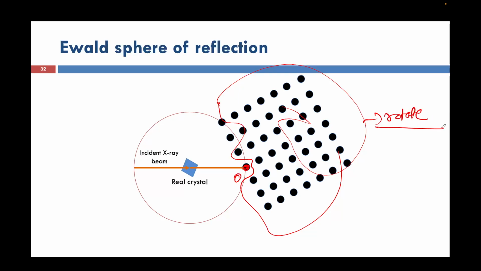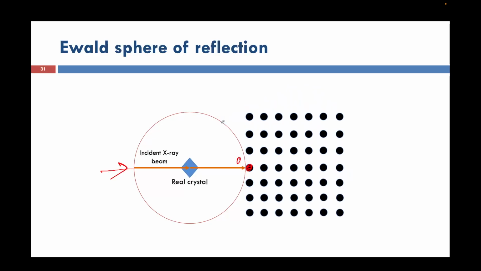And how is the diffraction happening? The points which are coming on the Ewald sphere, these points are effectively a real plane in three dimension. This is a real lattice plane which I am seeing in reciprocal lattice, this point. So this is the origin of the reciprocal lattice.